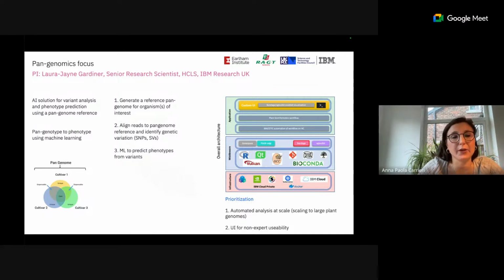From a scientific point of view, what this tool can do automatically is generate a reference pangenome for an organism or multiple organisms of interest, and then align the reads to this pangenome reference and identify genetic variants such as SNPs. Then you can use those SNPs and apply a machine learning model to predict different phenotypes from these variants. And all this gets done automatically.